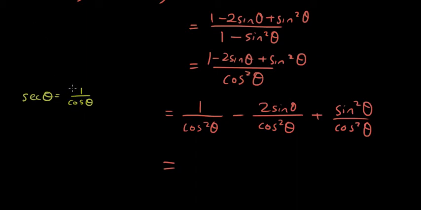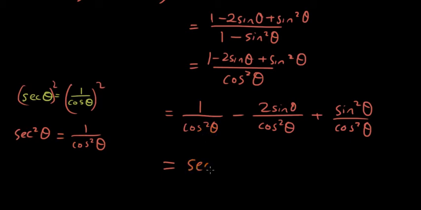So if I square both sides, which you're allowed to do with balancing equations, then I get 1 over cos square theta equals sec square theta. So I can put that here, sec square theta minus, and now what can I do with this?